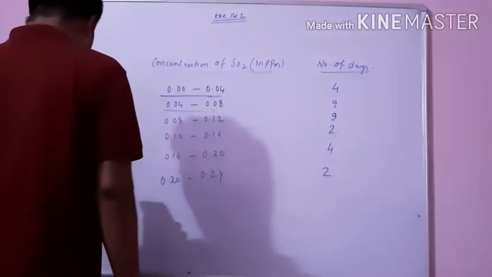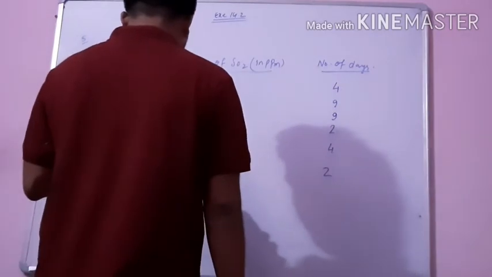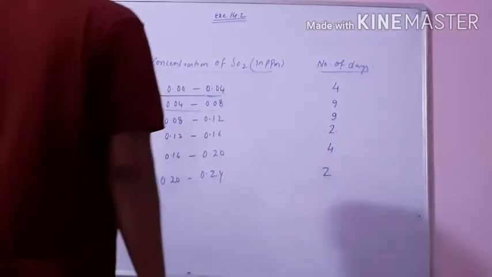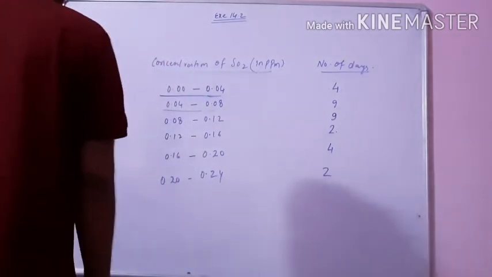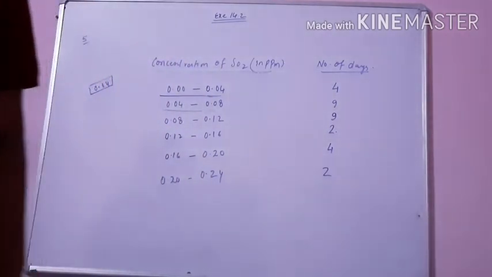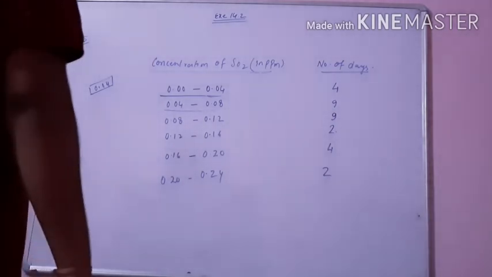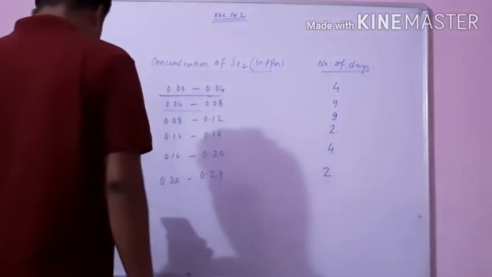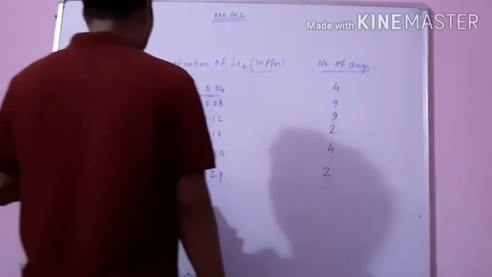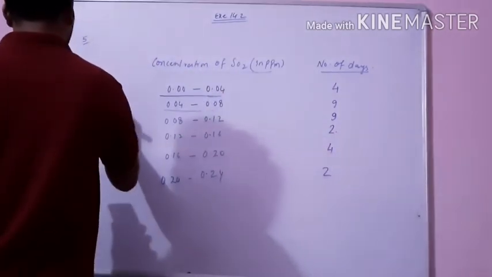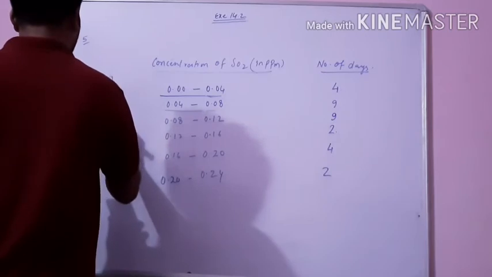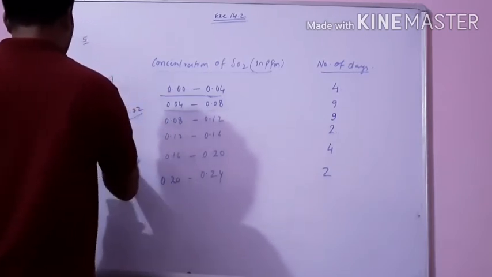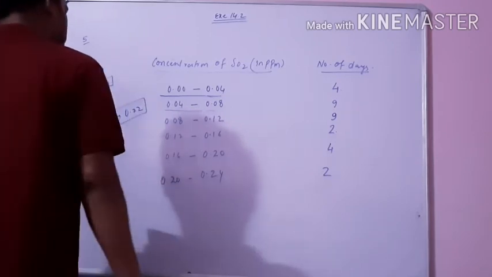Now, for how many days was the concentration of sulfur dioxide more than 0.11 parts per million? What we have to see is more than 0.11. So we have to count from 0.12 onwards because the maximum value of our data is 0.22.